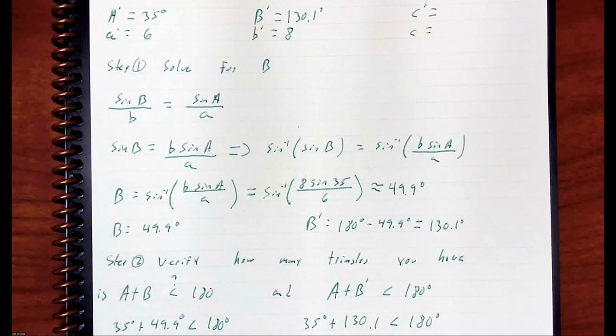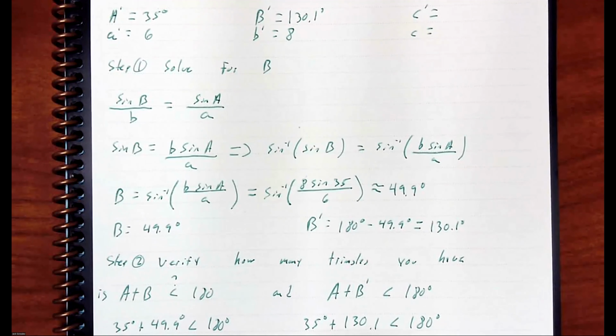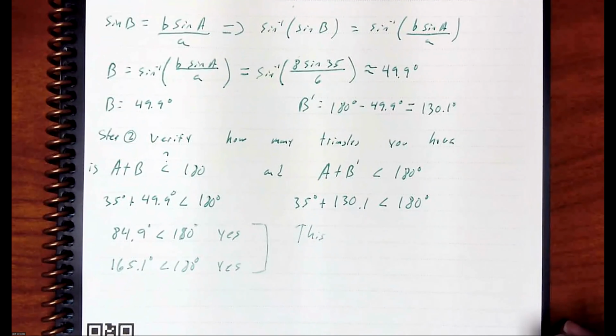So yes. 35 plus that would be 165.1. This right here tells us both are less than 180. We're gonna have two triangles.